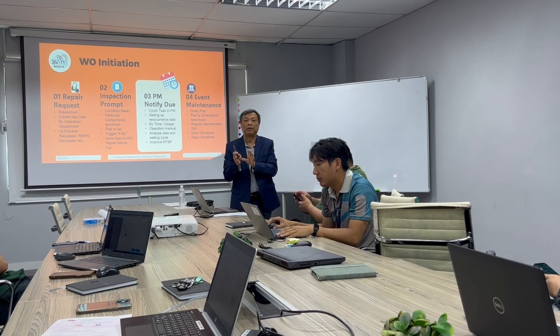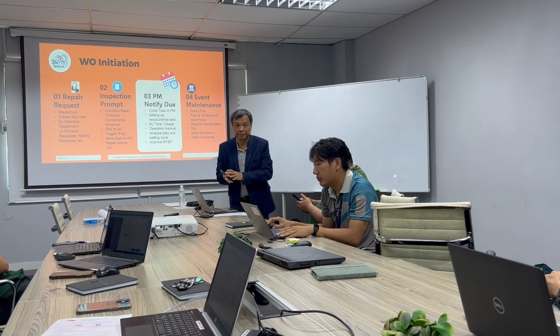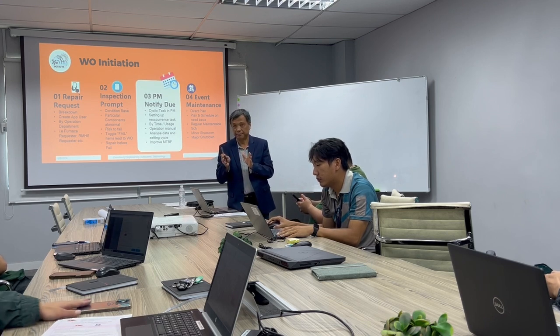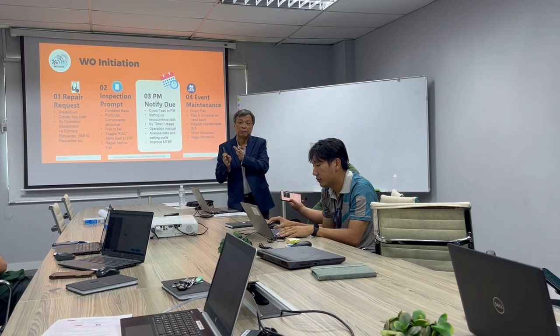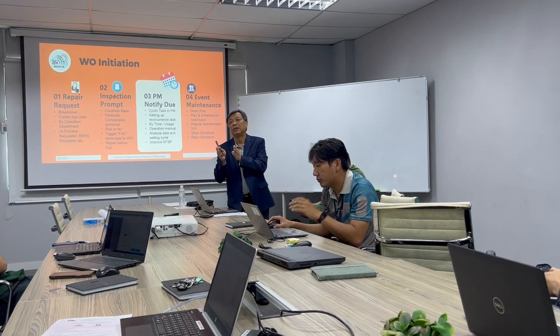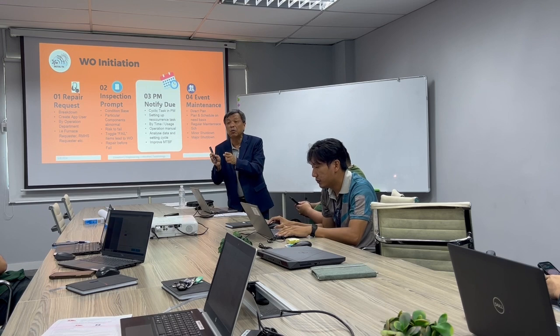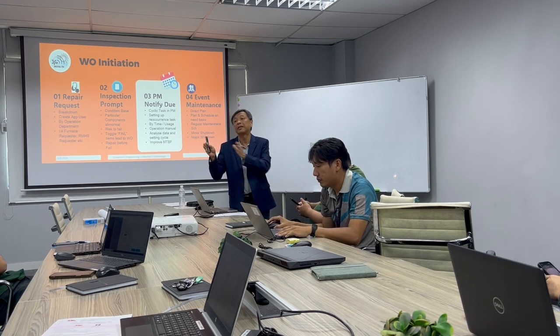Okay, let's think about running hour. How to track this running hour is like this. When you have 2,000 hours, you start to count. Then you give a pre-warning, a pre-notification. For example, you give a warning 200 hours before the 2,000 hours, that means 10%.